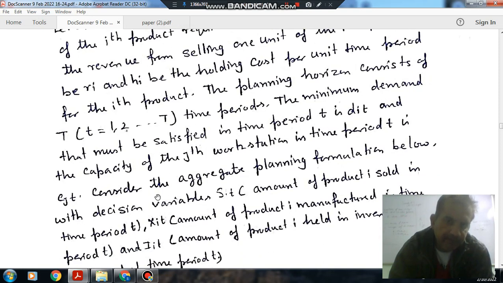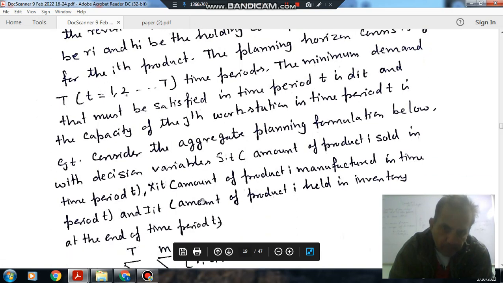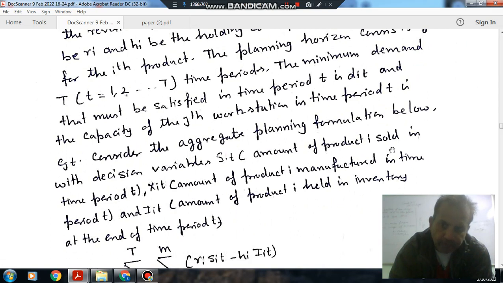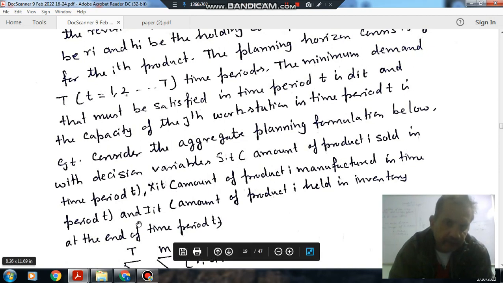Consider the aggregate planning formulation below with decision variables: Sit, the amount of product i sold in time period t; Xit, the amount of product i manufactured in time period t; and Iit, the amount of product i held in inventory at the end of time period t.